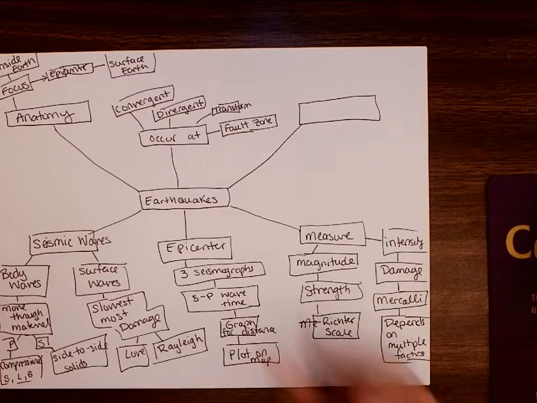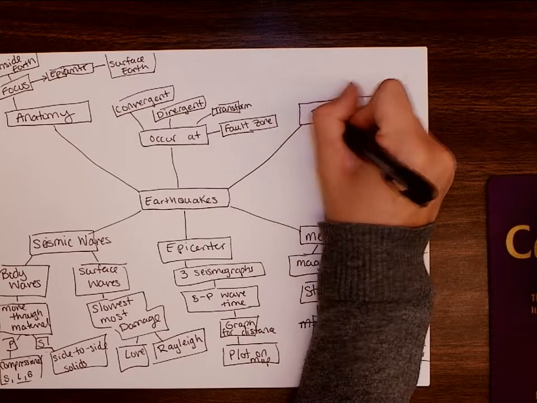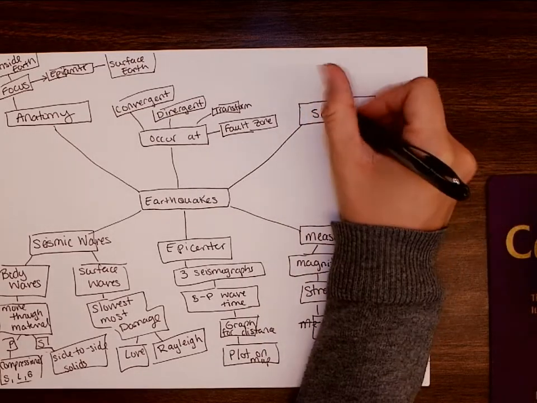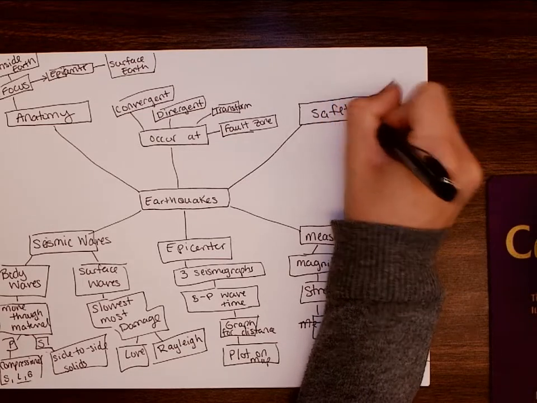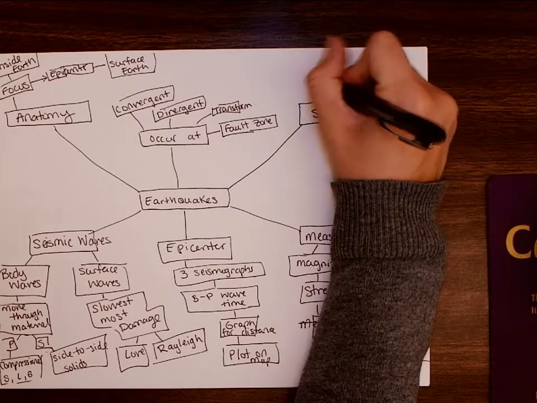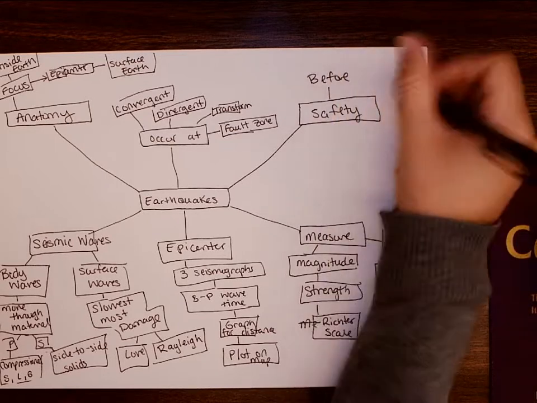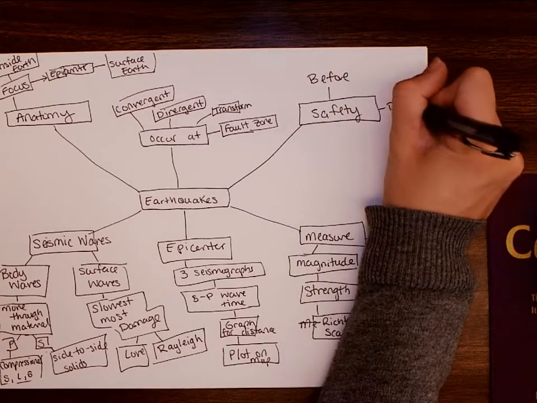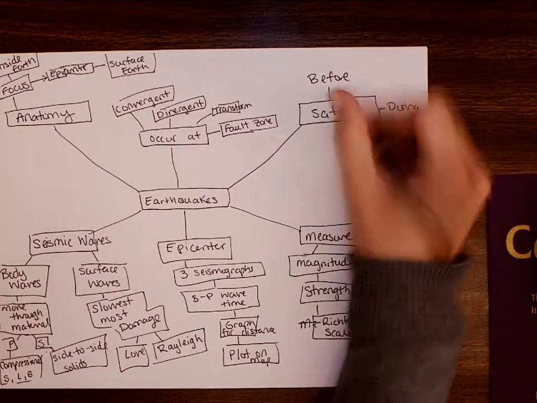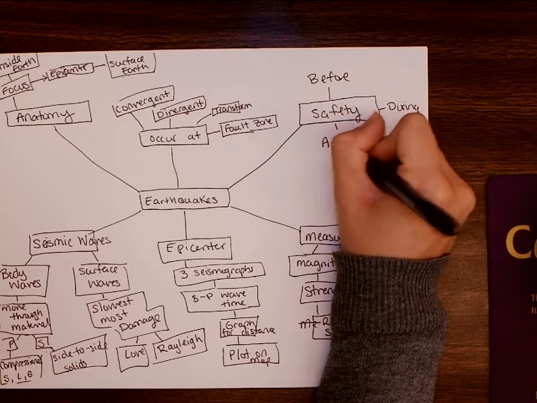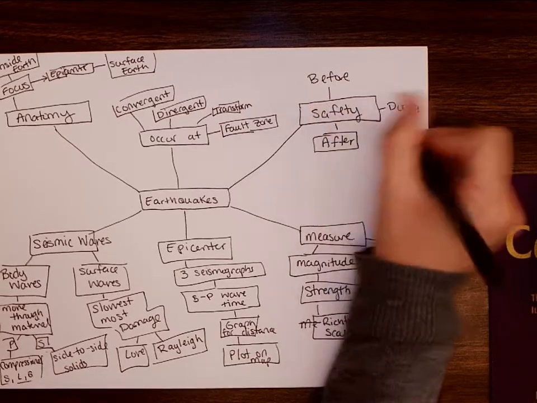The last thing that we talked about in our notes was safety before, during, and after an earthquake. So we could have a box talking about before, a box talking about during, and after an earthquake occurs.